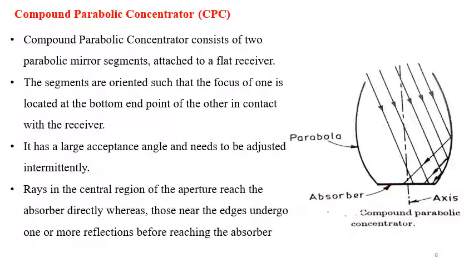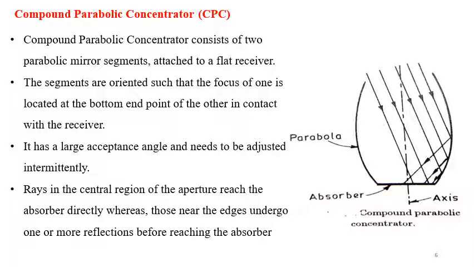It is a trough-like arrangement with two facing parabolic mirrors. Unlike a single parabolic trough reflector, the CPC is non-focusing, but solar radiation from many directions is reflected toward the bottom of the trough, where the absorber is placed.